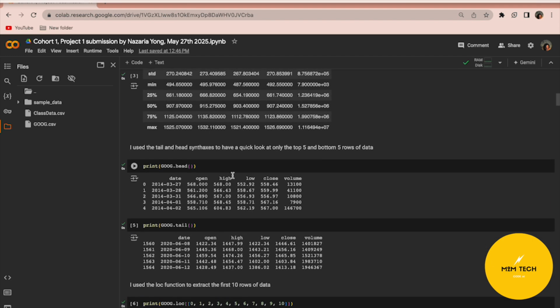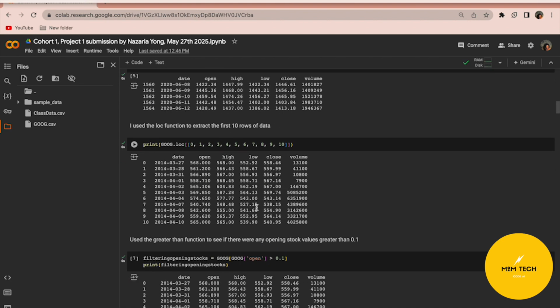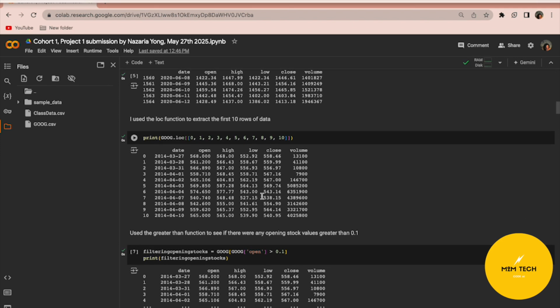I wanted to view just the top and the bottom values for just 5 rows. So I used the head and tail functions to view that. And then I also wanted to see just the first 10 rows of data, so I used the log function to view the table.